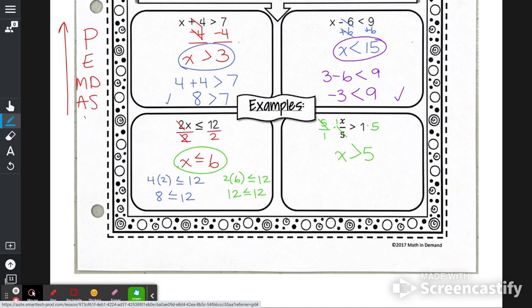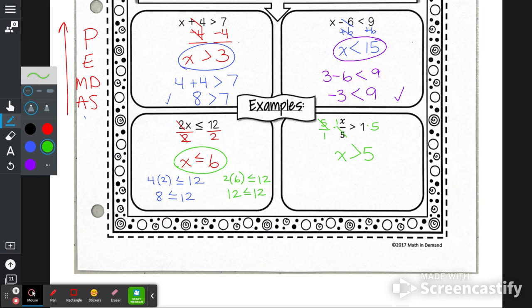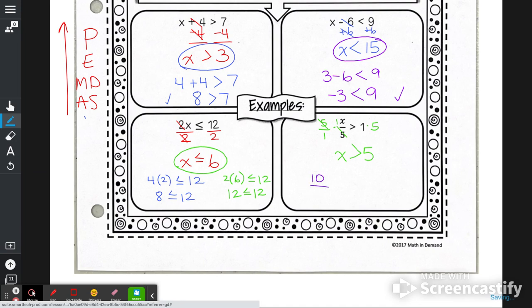I love that you picked 10. Let's do 10. So we're going to plug 10 in for x. 10 divided by 5, and that should be greater than 1. What is 10 divided by 5? 2. And is 2 greater than 1? Yes. Absolutely. So our solution checks out.